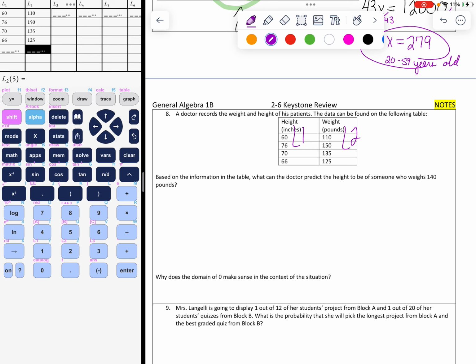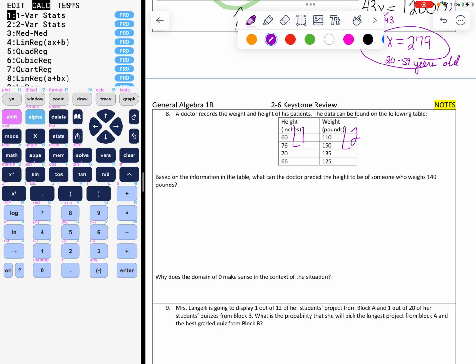All right, now I won't be able to do this on this calculator. I'm going to have to use the one here beside me because this one it's not the expensive kind. All right, I'm going to type it in on my physical calculator here beside me. Okay, now you have to hit stat, go over to calc, and you're going to pick number 4. I have to do it on my calculator here because I don't have the pro version of that one.